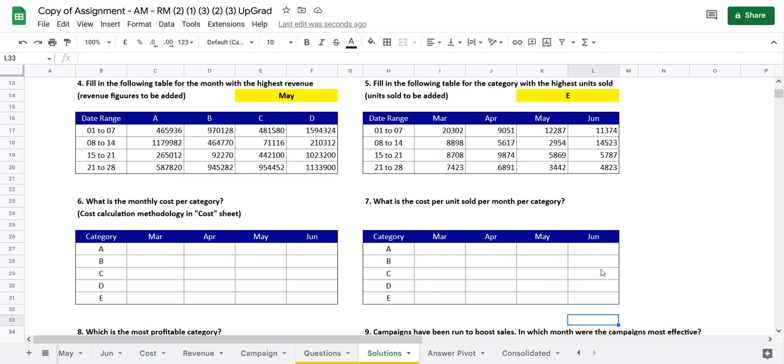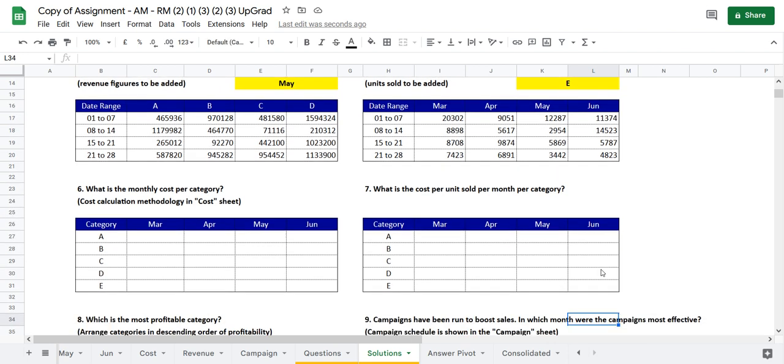So for question number 6, the question is very easy. What is the monthly cost per category? In rows we want category, in columns we want month, and we want the summation of cost for each and every month. So very simple.